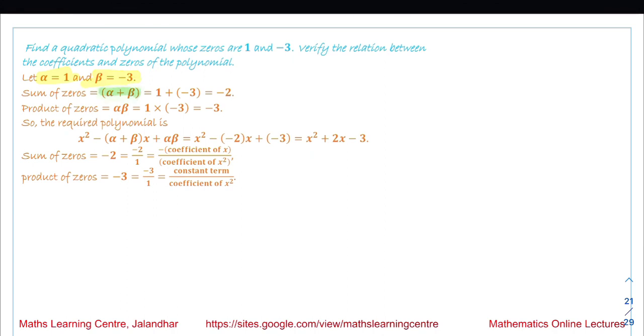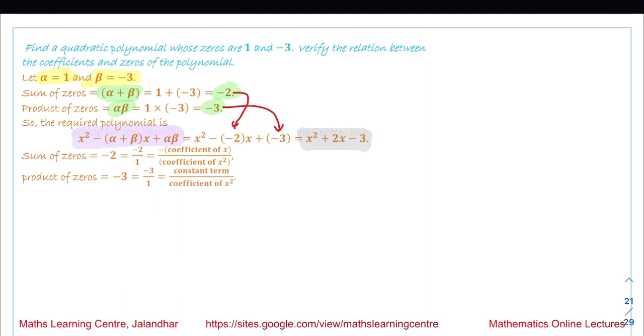So alpha plus beta, the sum of the roots, will be -2. The product of the roots will be -3. We know the formula for the required polynomial will be x² - (alpha + beta)x + alpha beta. We substitute these values over here, and we get the answer x² + 2x - 3.